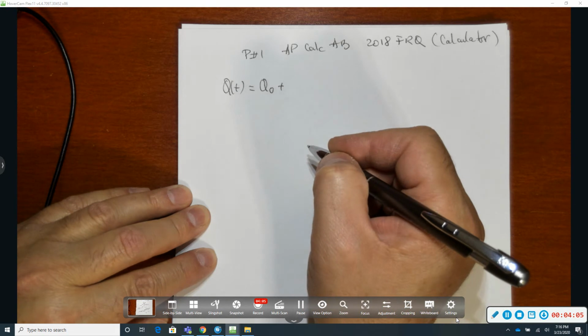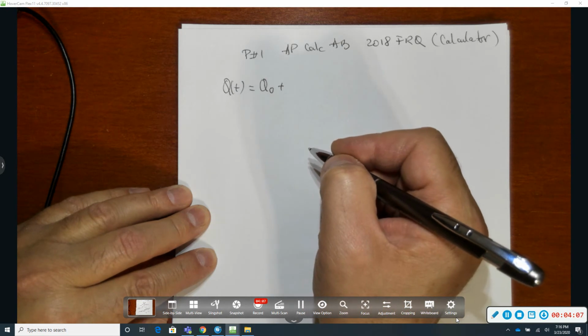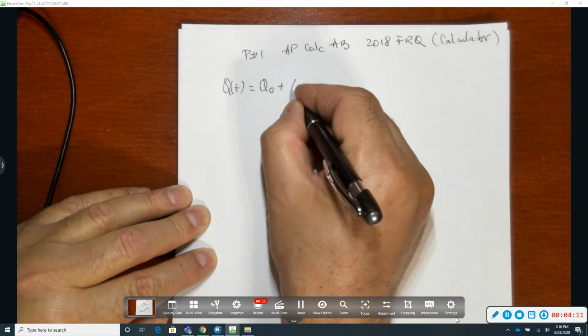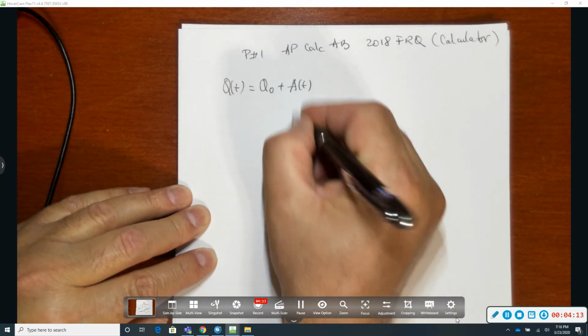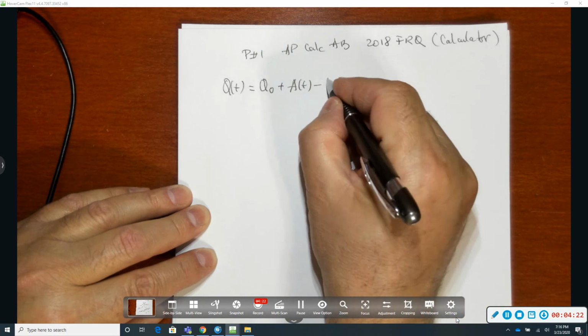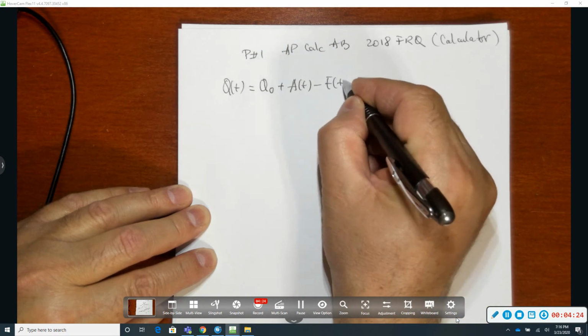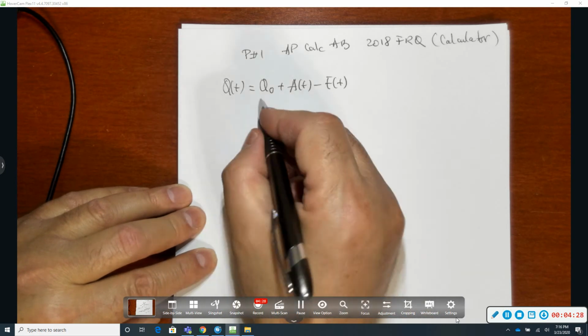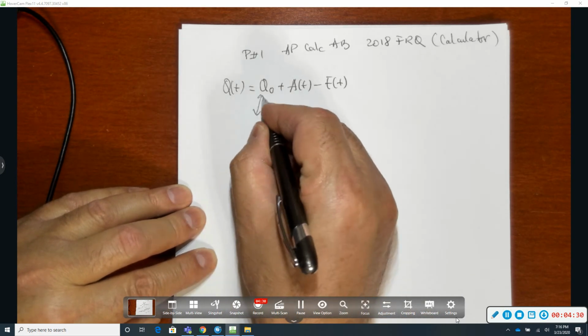In that case, we have the rate at which the population enters the line. So I will name that A of t, the added quantity. And as well, something happens. Some of the people will exit out of this line, and I will label that part of this equation E of t. So let's write down here what the labels are for this one.